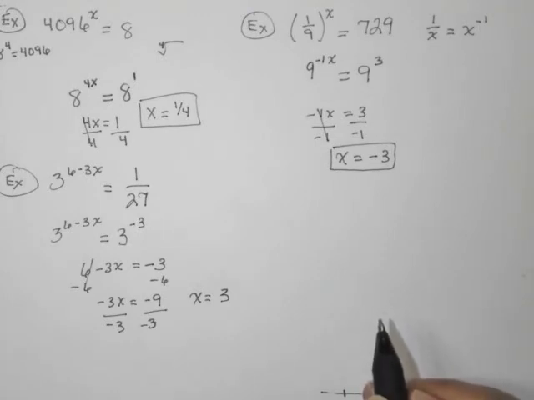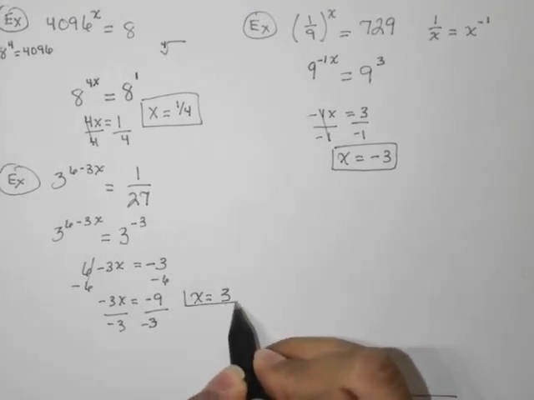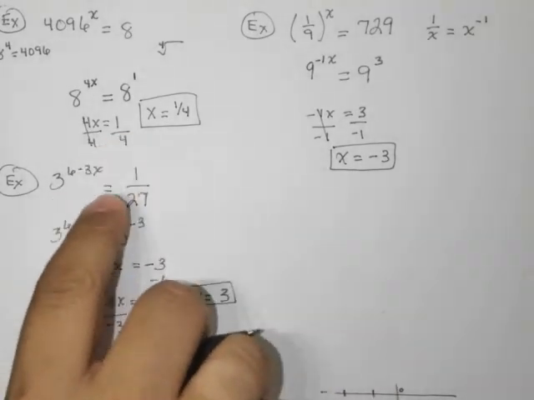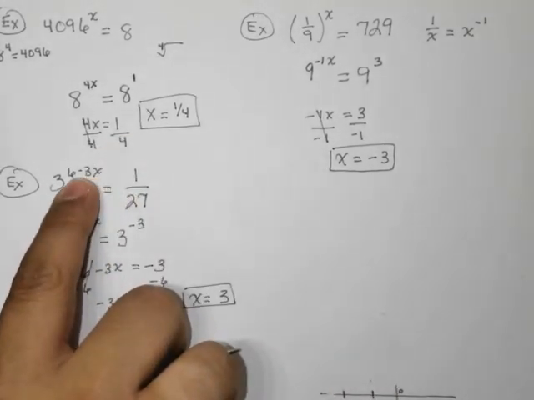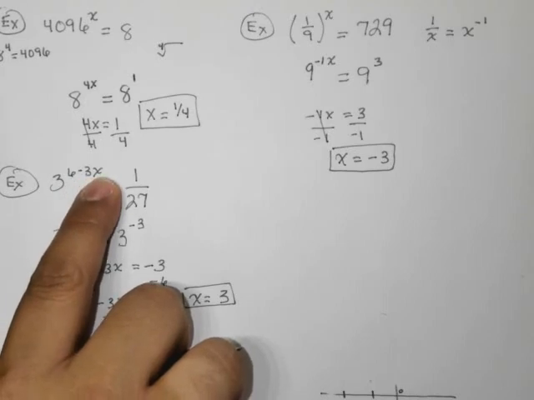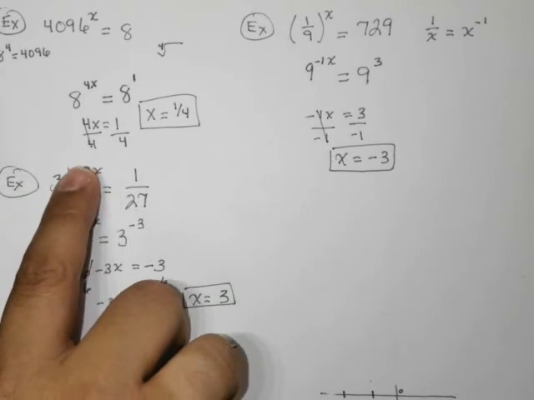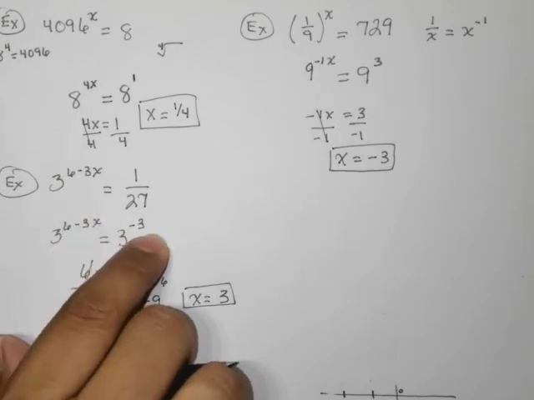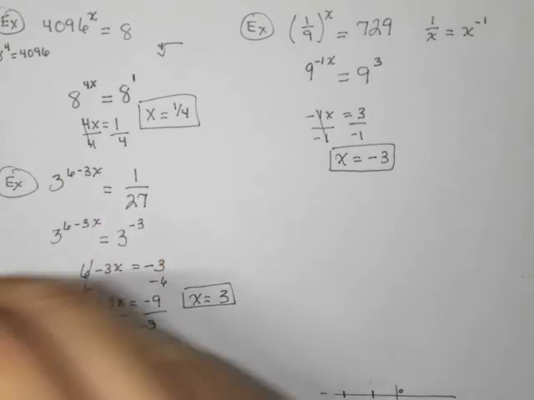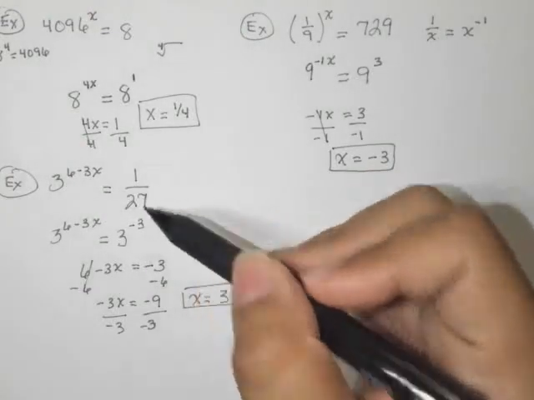What does this mean? That means that if I put in a positive 3 here, I get 6 minus 9, which is -3, and we end up with 3 to the power -3. And that equals exactly what's on the right-hand side, 3 to the power -3, which is 1/27.